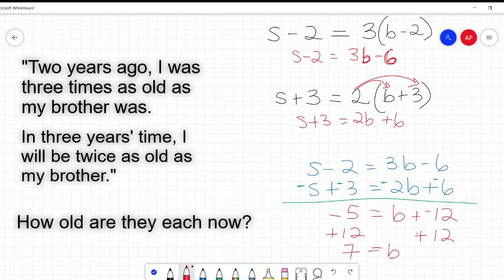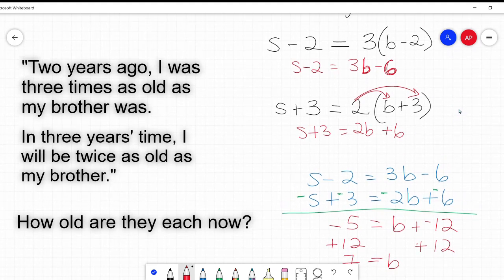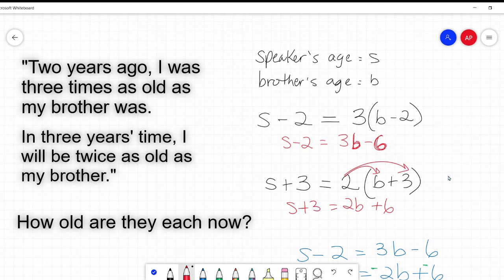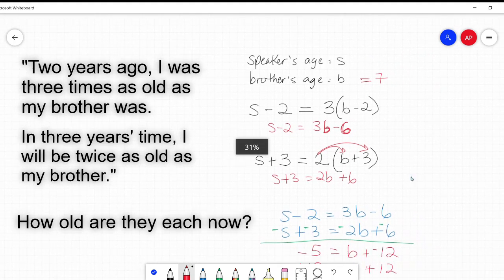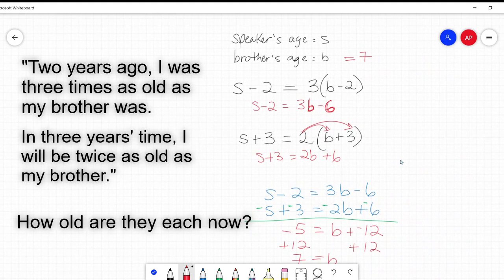Now that I know that B, the brother, is 7 right now, I can take either of my two initial equations and plug in 7 for B, and I'll get the same answer either way. So I'm going to just do the first one: S minus 2 equals 3 times, plug in 7 for B, minus 2. 7 minus 2 is 5.